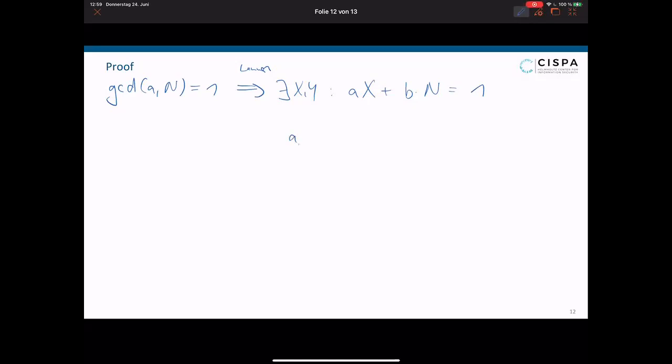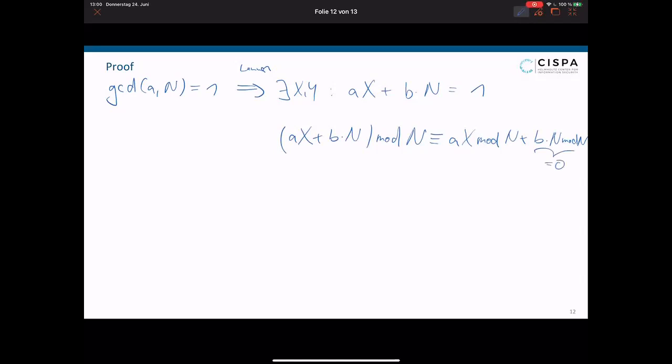We have a times x plus b times n modulo n, which is of course a times x mod n plus b times n mod n, but b times n mod n is just 0.